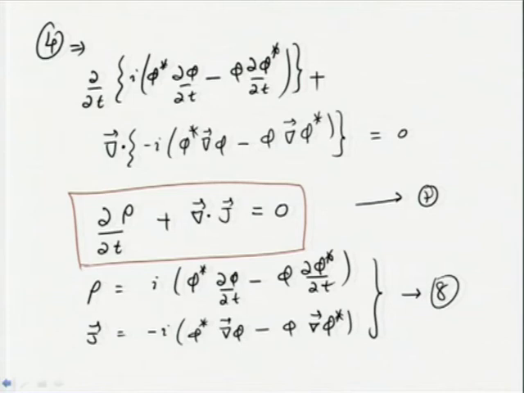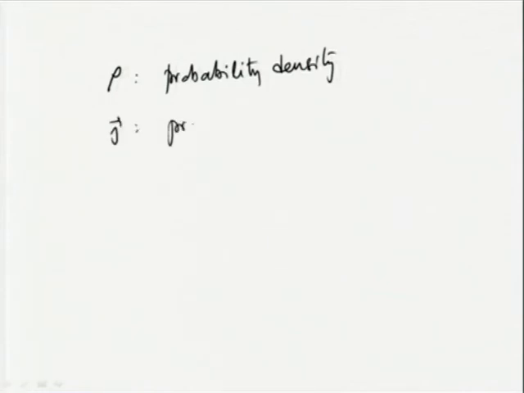There, j is basically considered as the probability current. So, here again we can interpret rho as the probability density and j as the probability current.